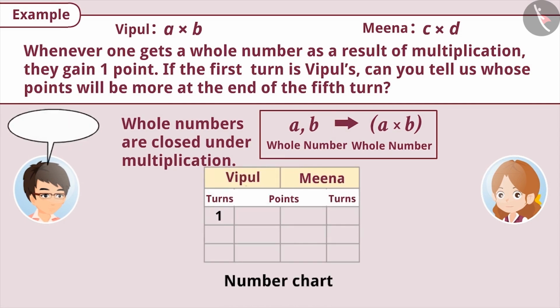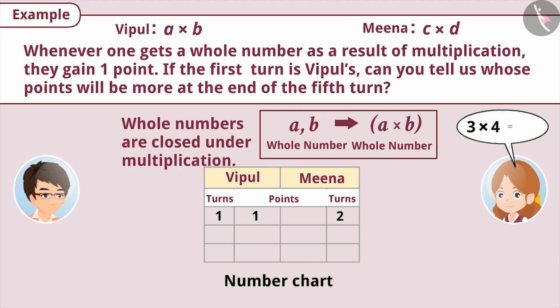Like here, Vipul picked the numbers 2 and 3 in the first round and the result of his multiplication was 6. Hence, Vipul's score increased by 1. Similarly, Meena picked the numbers 3 and 4 and after multiplying them, she got 12, which is a whole number too. Therefore, Meena will also get 1 point.